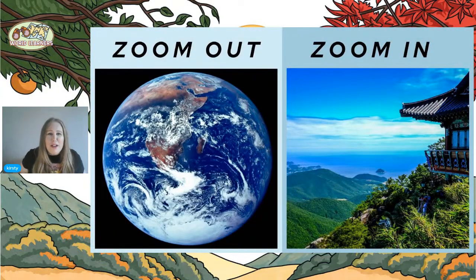We're going to start by zooming out, and we're going to look today at some different types of maps and what maps can be used for, more than just showing us where countries begin and end, maybe where capital cities are. What other ways are maps really useful? How else do we use them? So that's our zoom out section. Then we're going to zoom right in to South Korea today and find out a little bit more about that country. So let's get going.